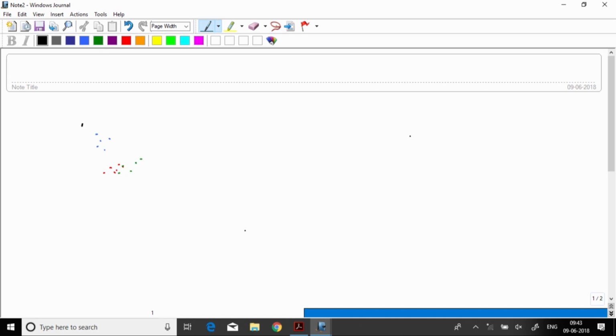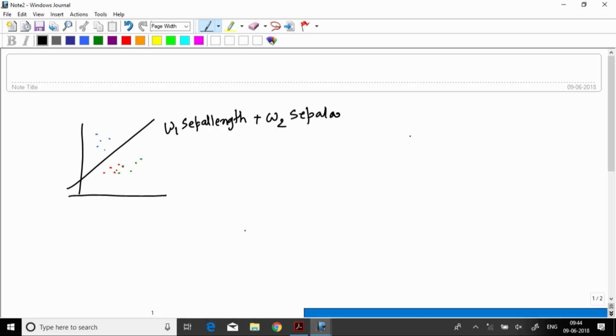When we say our classifier is this line, you can think of it as some weight W1 on sepal length plus W2 on sepal width plus some W0.